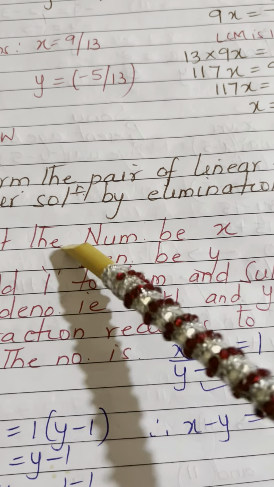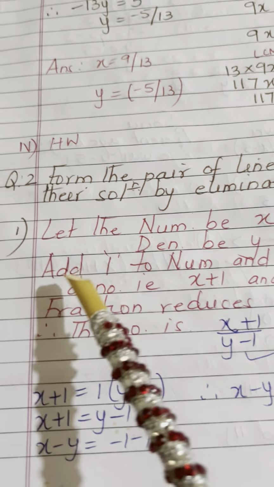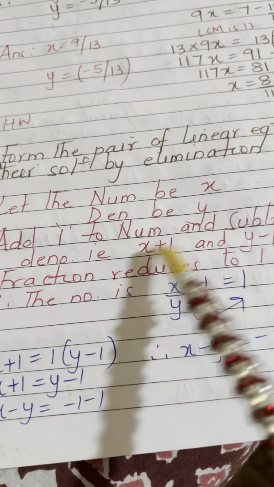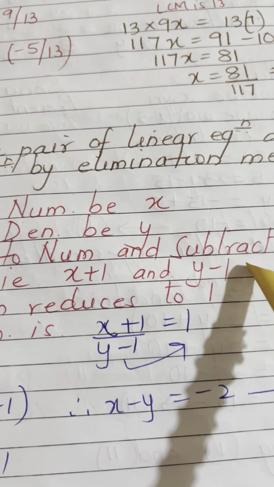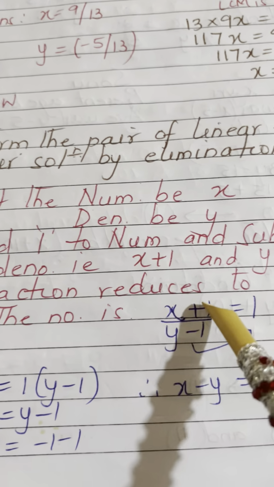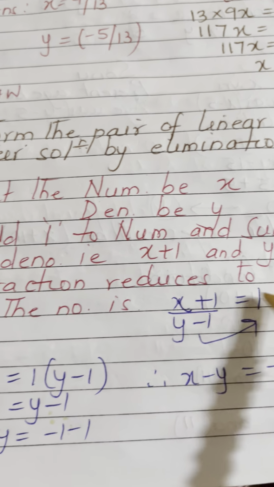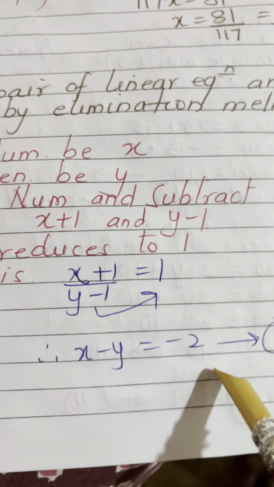So let the numerator be x and the denominator be y. Add 1 to the numerator and subtract 1 from the denominator. This means x plus 1, y minus 1. So the fraction becomes x plus 1 upon y minus 1 is equal to 1. Cross multiply and you get x minus y is equal to minus 2.